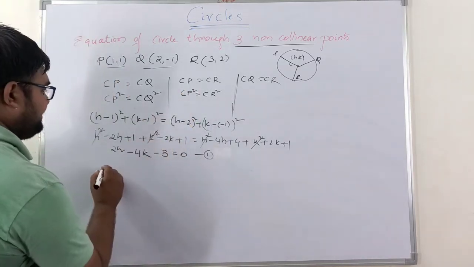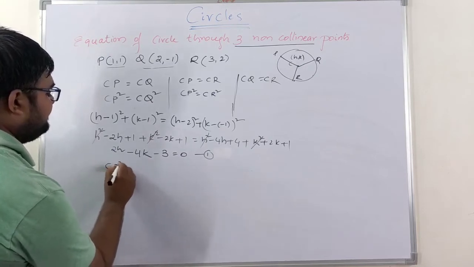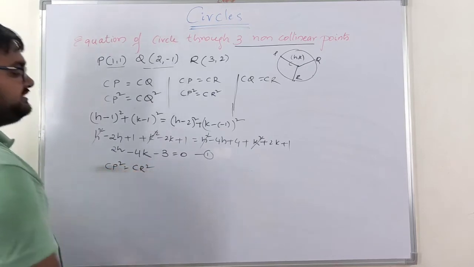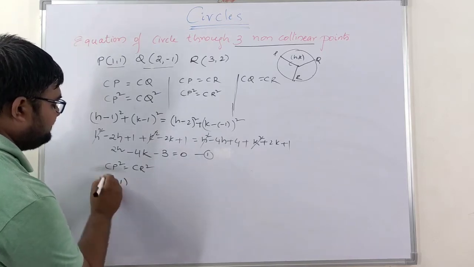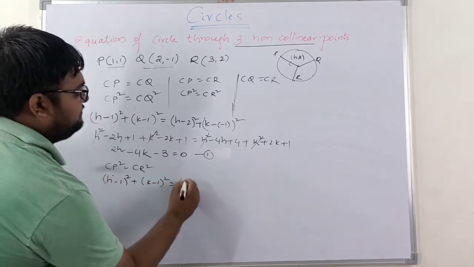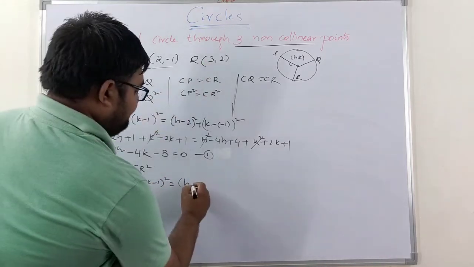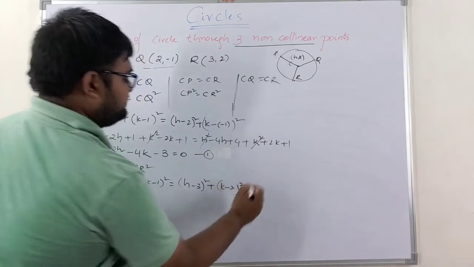So (h minus 1) whole square plus (k minus 1) whole square is equal to (h minus 3) whole square plus (k minus 2) whole square.